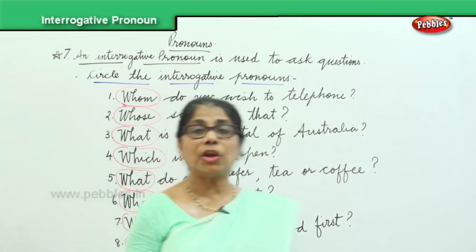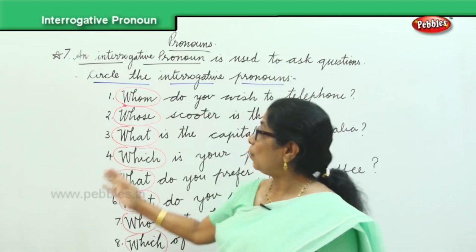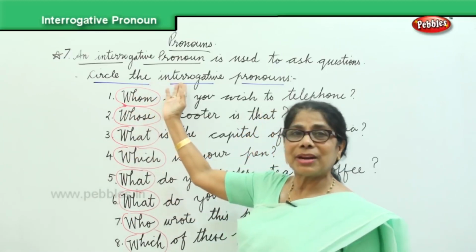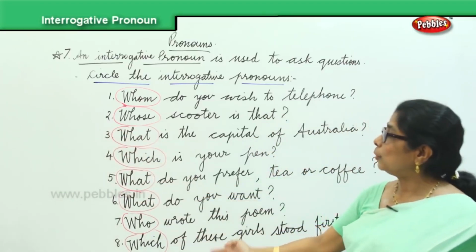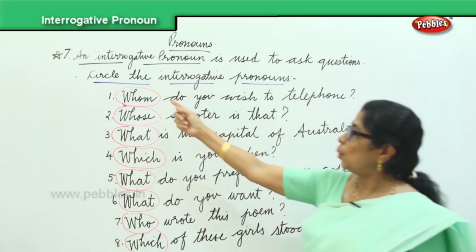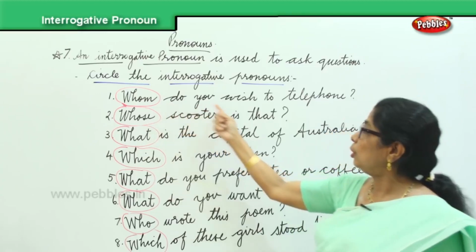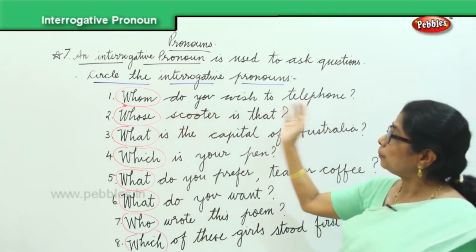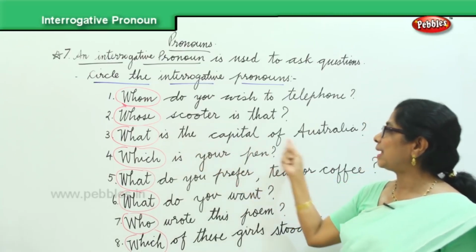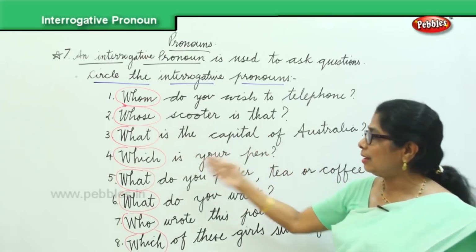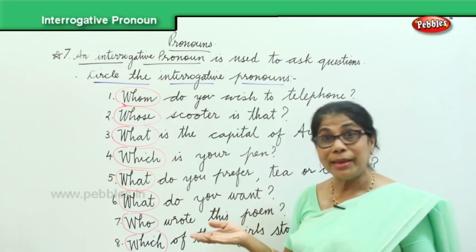Identifying interrogative pronoun, very easy. Now as instructed, we circled all the interrogative pronouns in these sentences. Whom, that's the interrogative pronoun. Do you wish to telephone? Whose scooter is that? What is the capital of Australia? Which is your pen?